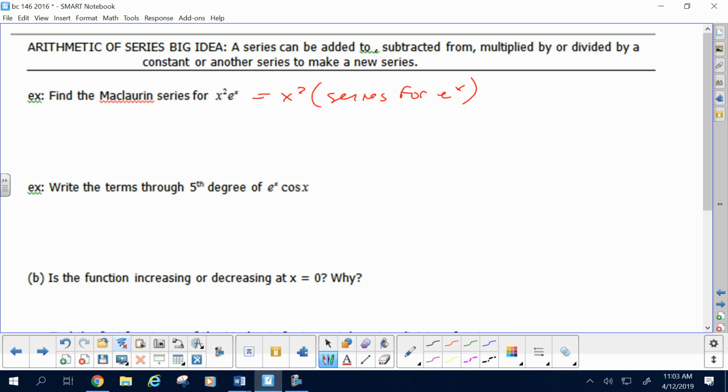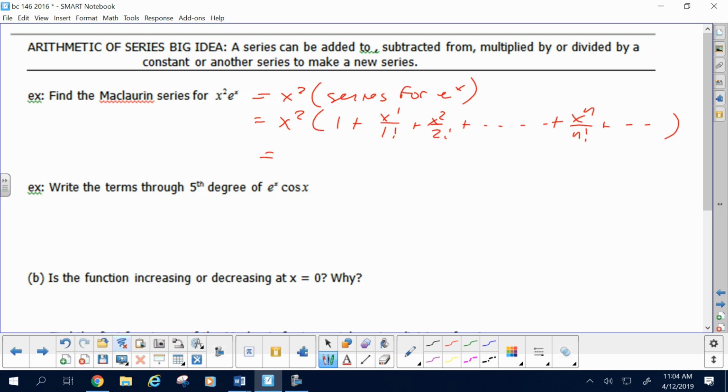And you wouldn't really have to do all of that derivative work. You could just say, I need the series for e to the x, and that is 1 plus x to the first over 1 factorial plus x squared over 2 factorial plus x to the n over n factorial, generally speaking. And then I would distribute the x squared to each term.